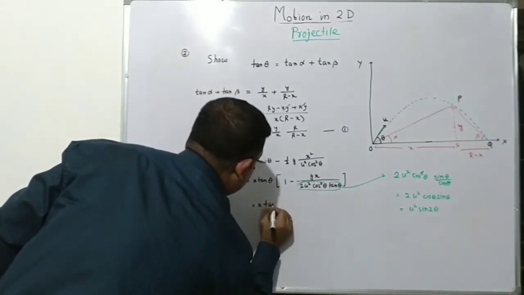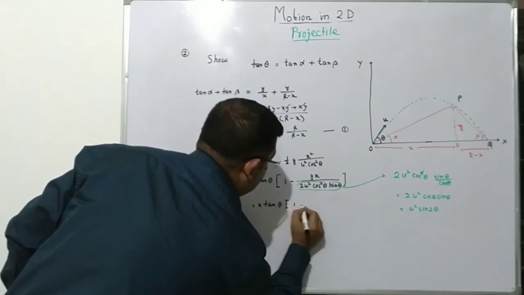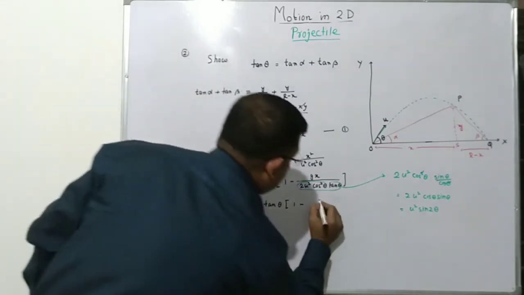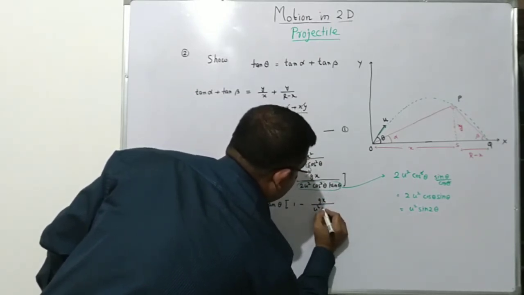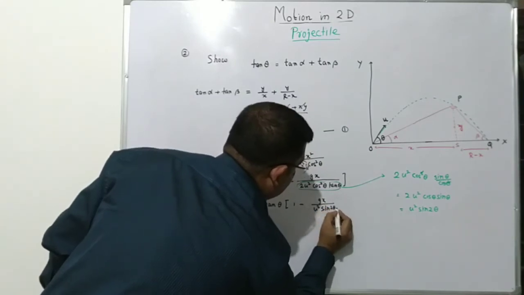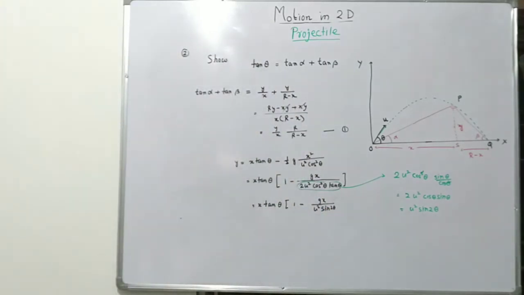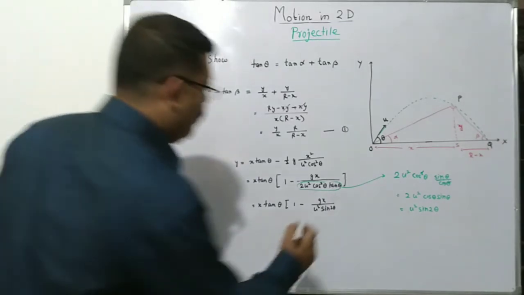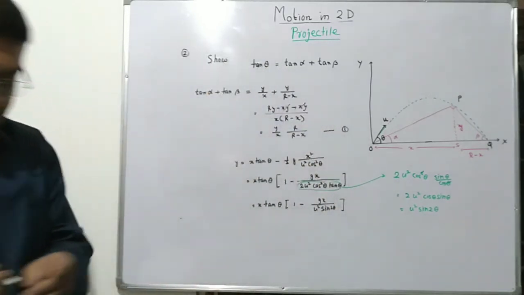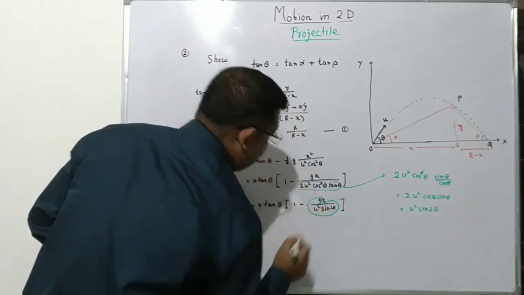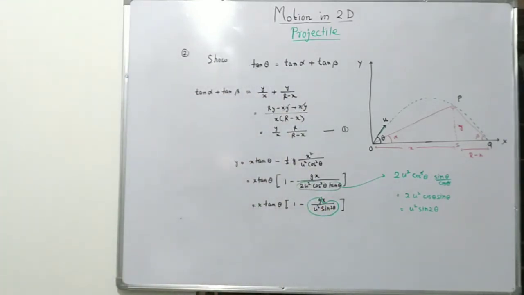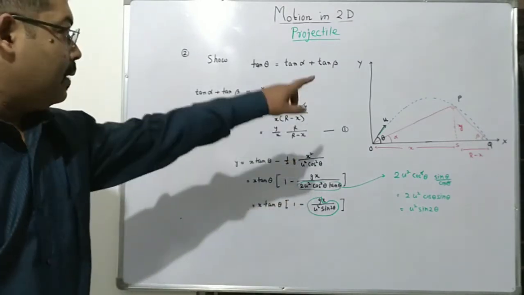We are left with x tan theta into 1 minus g x by u square sin twice theta. But we know that this term, g by u square sin twice theta, gives us the range of the inclined projectile.